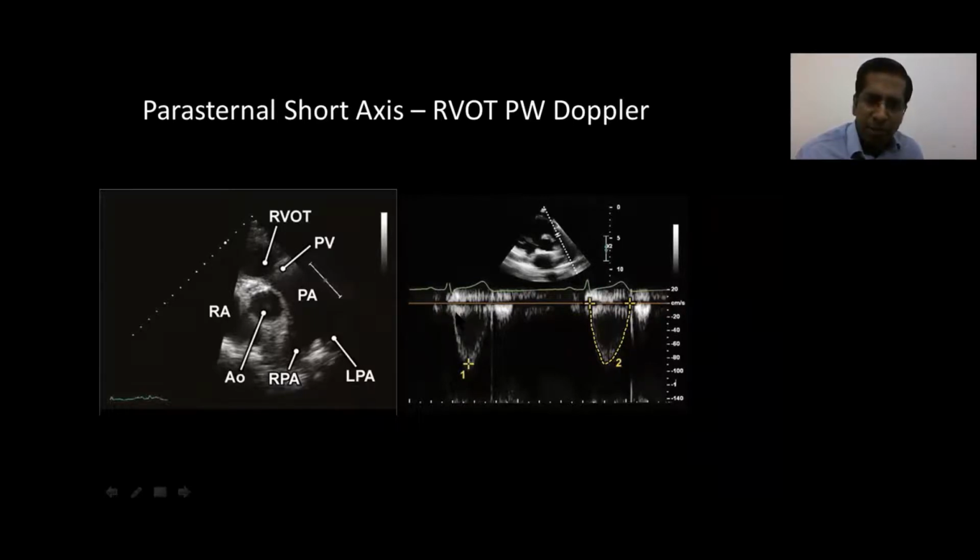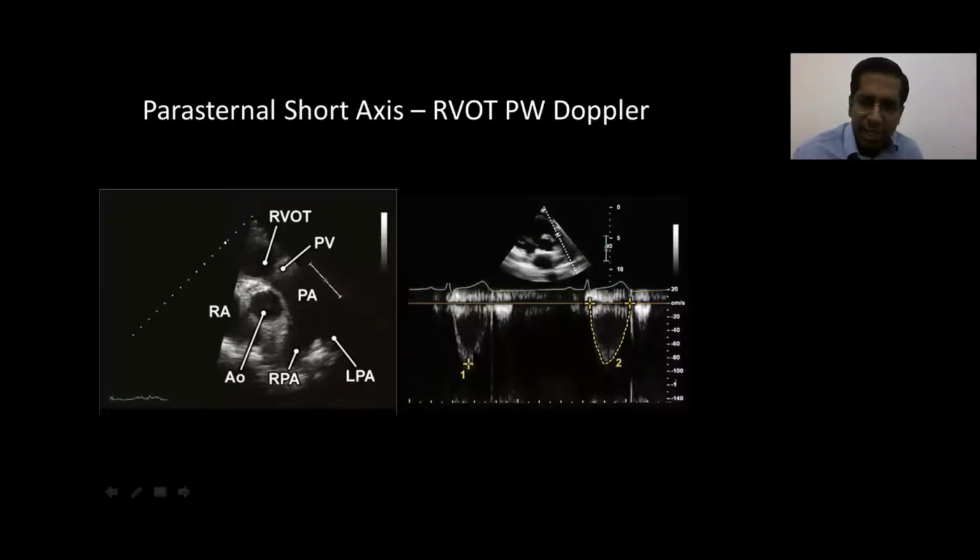So always do a pulmonary or RVOT Doppler, which tells us about the forward flow in the pulmonary artery. In a condition where your RV ejection is low, this will be small. In a condition where the vascular resistance is high and ejection is low, again, this may be reduced.